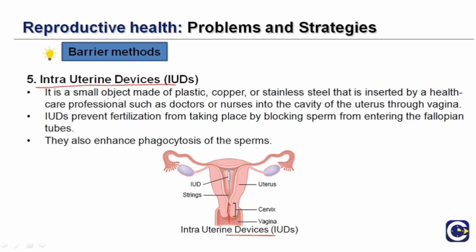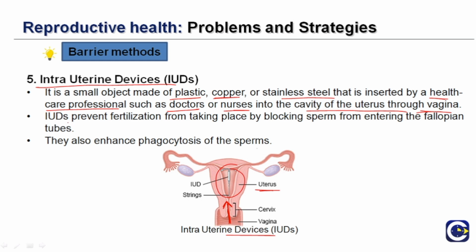It is a small object which can be made up of plastic, copper or stainless steel that is inserted by a healthcare professional such as a doctor or nurse into the cavity of the uterus through the vagina.